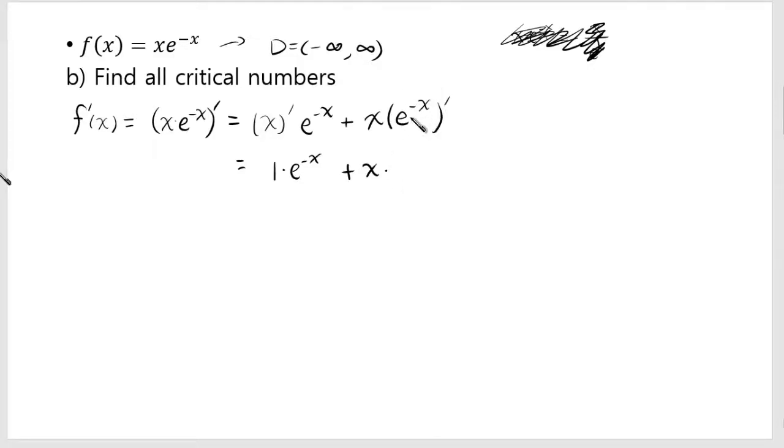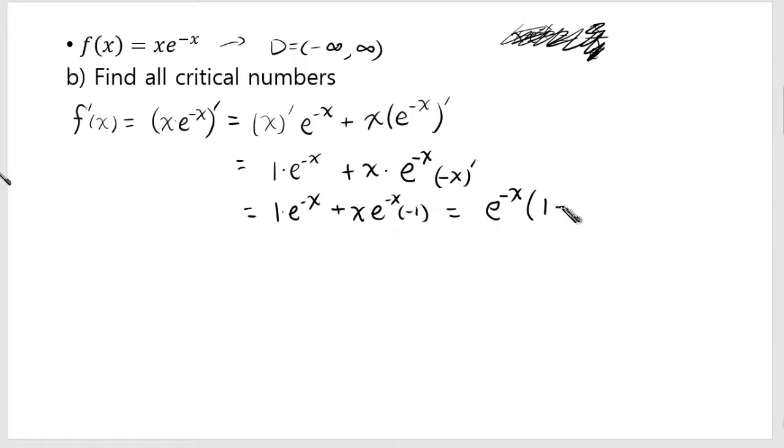So using the chain rule, we differentiate the outside function. e to the x is e to the x, so the outside function doesn't change, but then this inside function must be differentiated, and therefore this will be 1 times e to the negative x, plus x times e to the negative x times negative 1. Now, notice that they both have e to the negative x as a common factor. So let's simplify this by making it e to the negative x times 1 minus x.